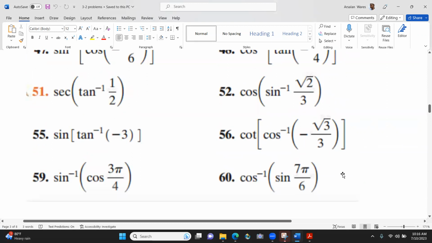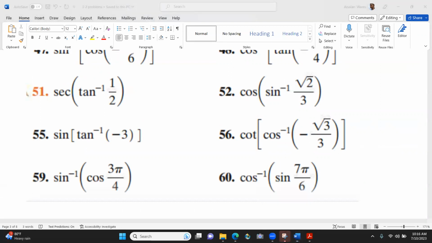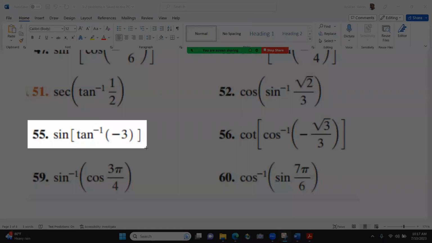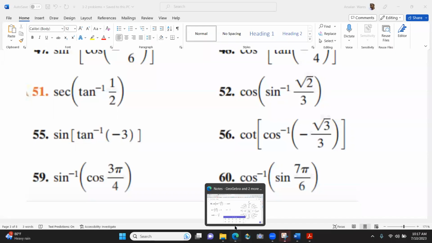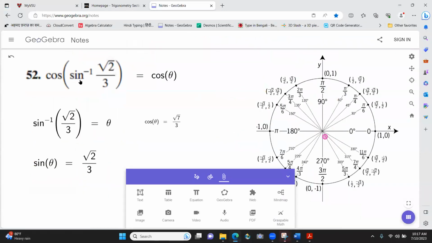Okay, let's do 56. I don't know what it is, but it will be hard. Okay, actually 55. Let's do 55. We have done one like 56. Let's do 55 because from tan to sine, I think we'll have to use a trig ratio that's different from the one we used. Let me try this. And you can always tell me to do certain problems. If not today, maybe next class.